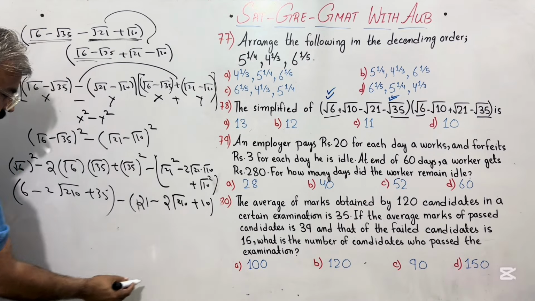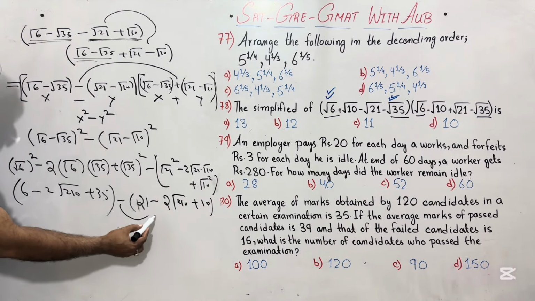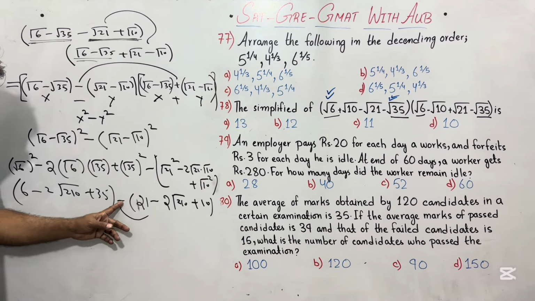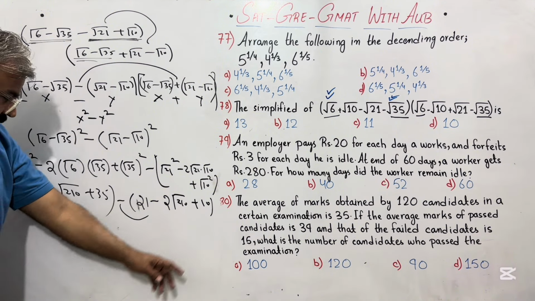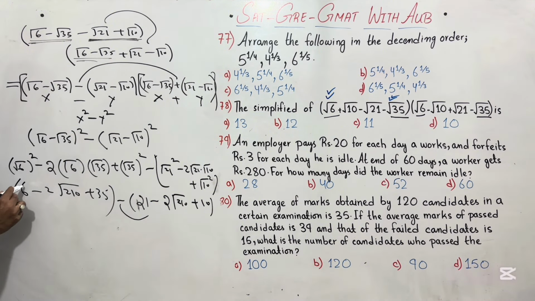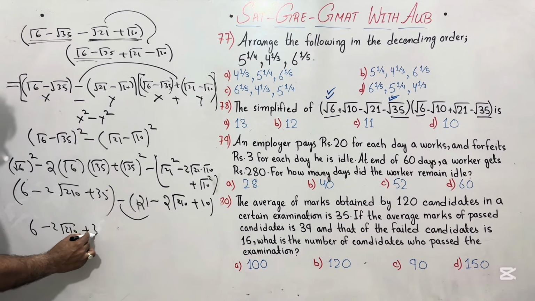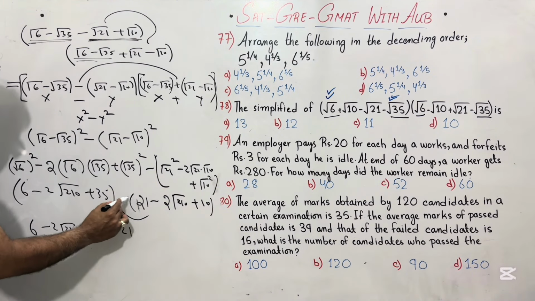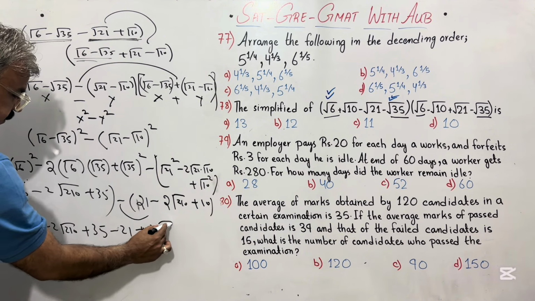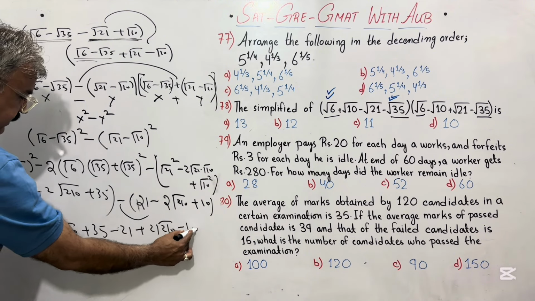Now multiplying this symbol with the complete bracket. Open this up, it will become negative, positive and negative. We have 6 minus 2√210 plus 35 minus 21 plus 2√210 minus 10.